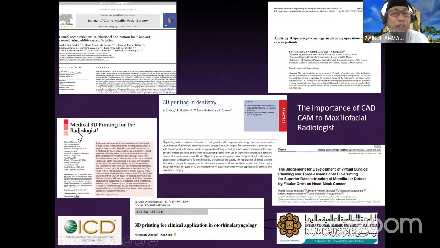There are papers on medical 3D printing for radiologists, overviews of how important 3D printing is for radiologists, and also 3D printing for clinical application in ENT or otolaryngology, and also for dentistry. So in other words, I'm trying to tell you about the literature. This 3D printing is not only applicable to medicine or surgery, but also to dentistry. So these are some of the papers.